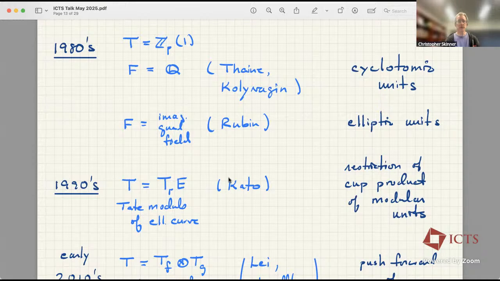We also knew an Euler system for, again, T being Z_p(1), but now F is an imaginary quadratic field. This was a construction of Rubin, where the cyclotomic units are now enriched to be the elliptic units.